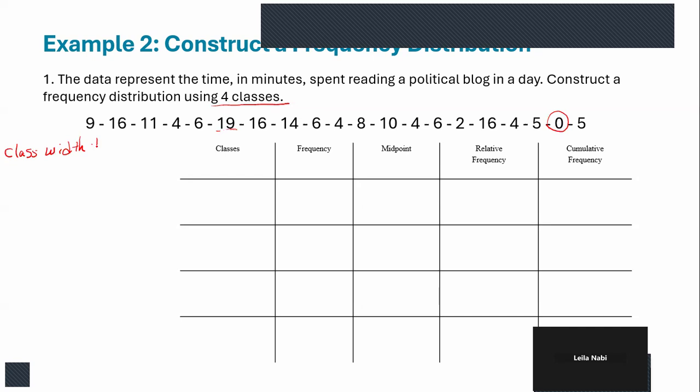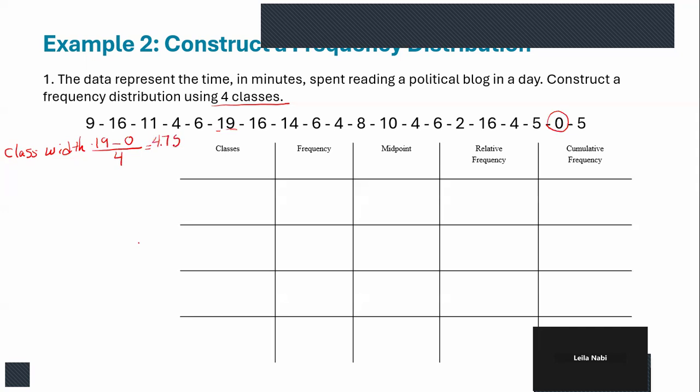So if I subtract the minimum from the maximum and then divide by 4, we have 19 minus 0 divided by 4, which is 4.75.